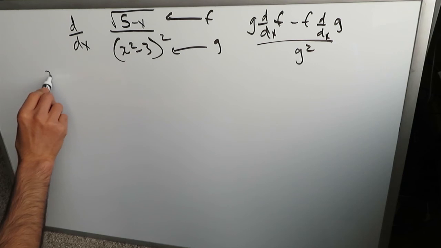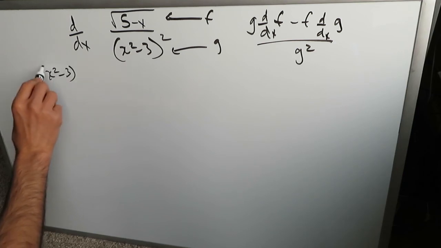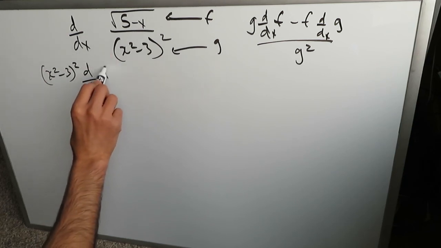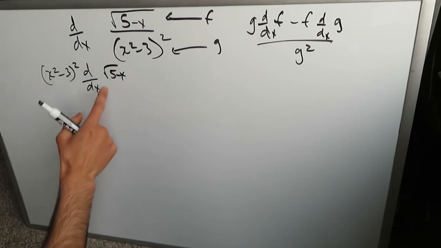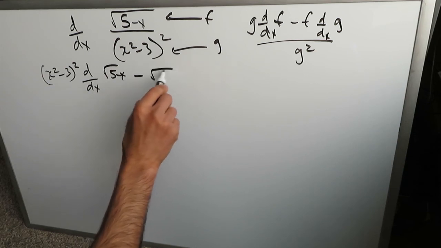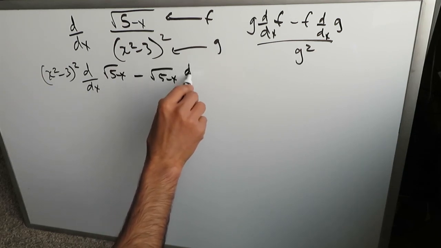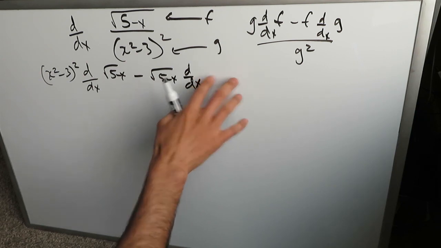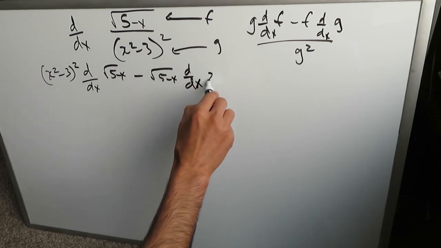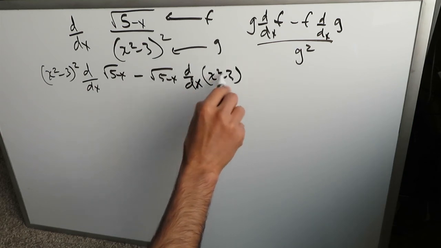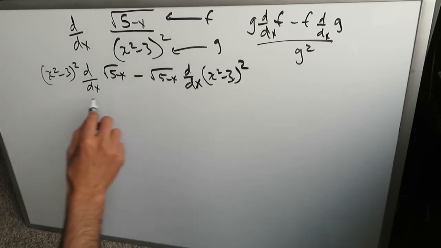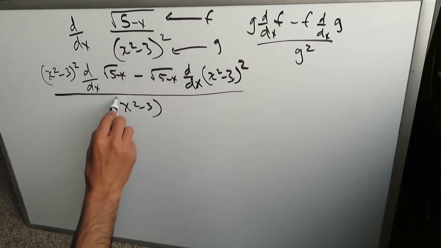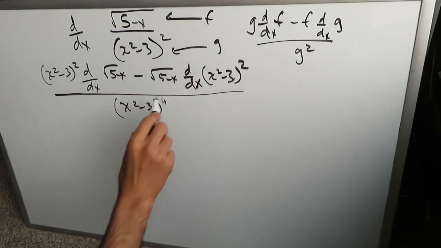Our g function, x squared minus 3 whole square, multiplied by the derivative of the f function, minus the f function multiplying now the derivative. Well, we're not calculating the derivative, but we're laying it out, multiplying by what will eventually be the derivative of the g function, all over the g function squared, x squared minus 3 whole square, so it becomes to the power of 4.